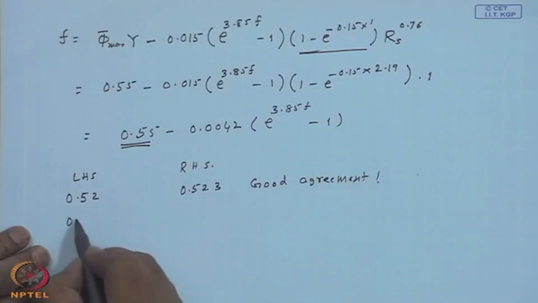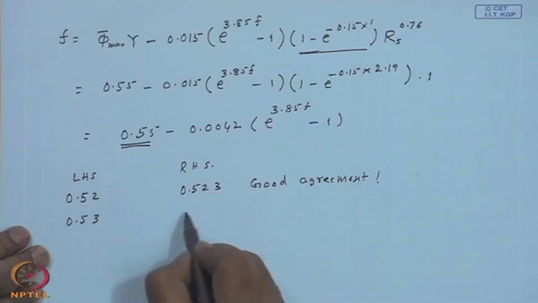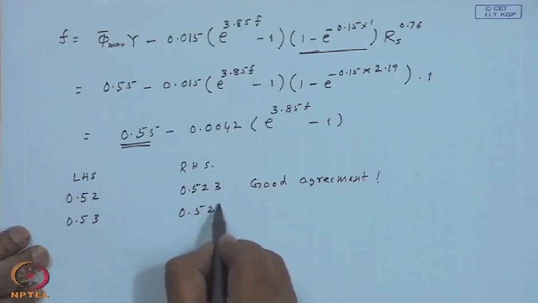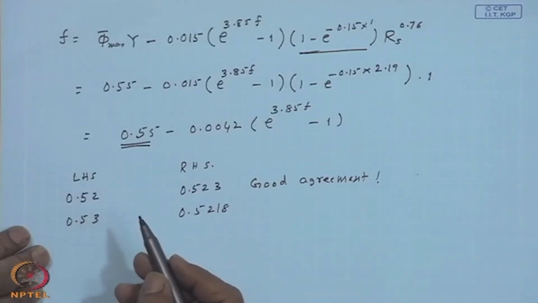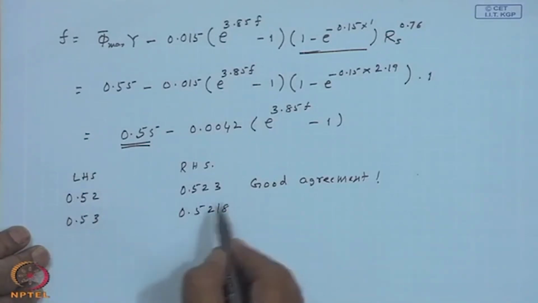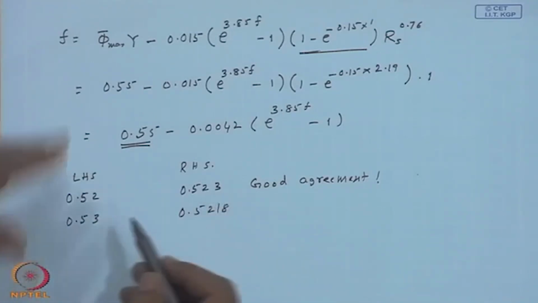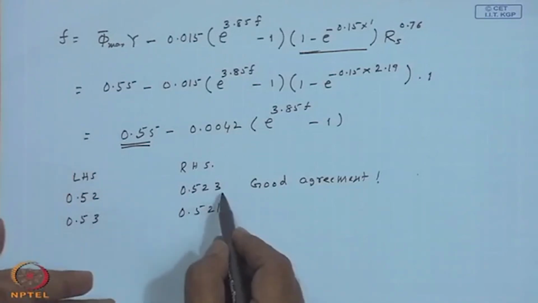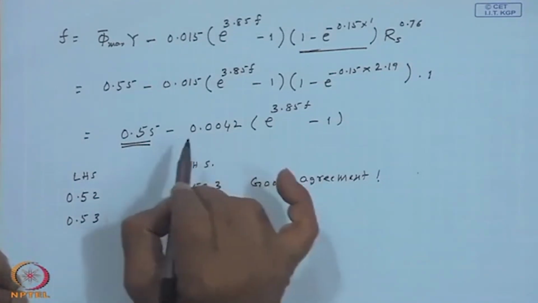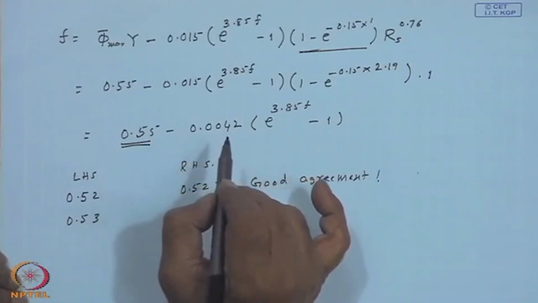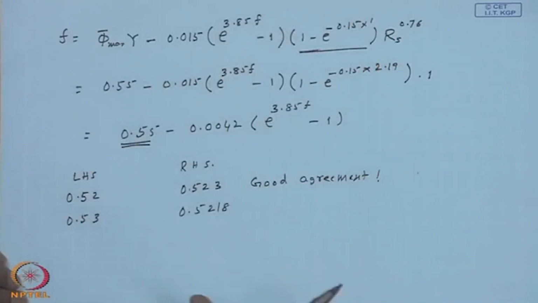I tried with 0.53. I got 0.5218. So, it may be 5.2 or 5.3, and if you want to see the efficacy, you may start with 0.4, then this will be too large, then you have to bring it down. So, it is not as difficult as it looks like when you have this long equation.